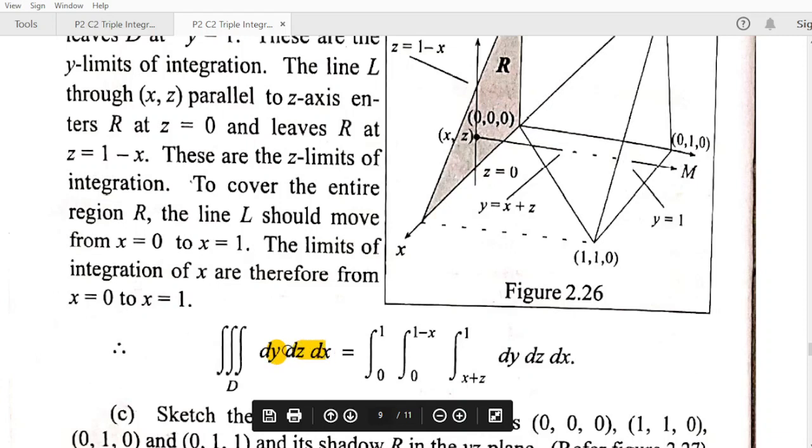To find the limit of y, we first have to consider a line parallel to the y-axis passing through our region.